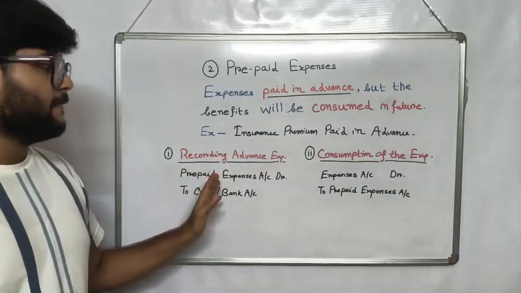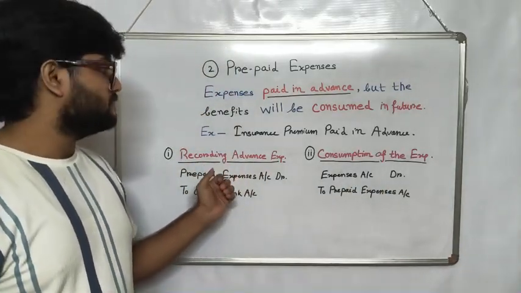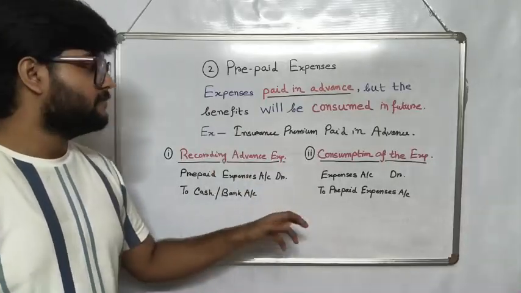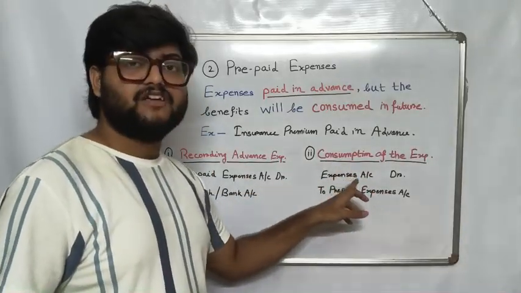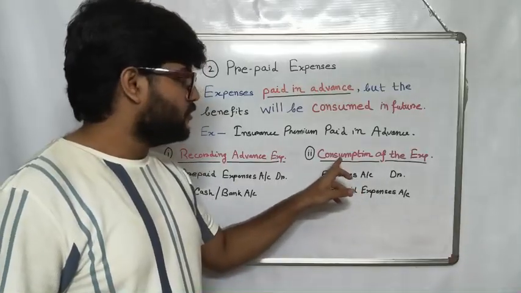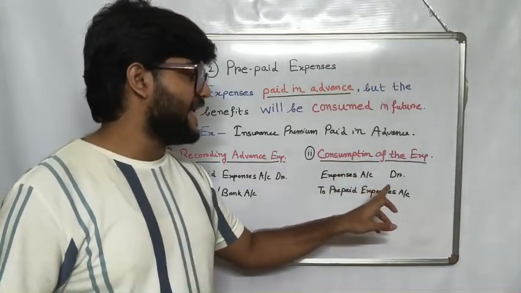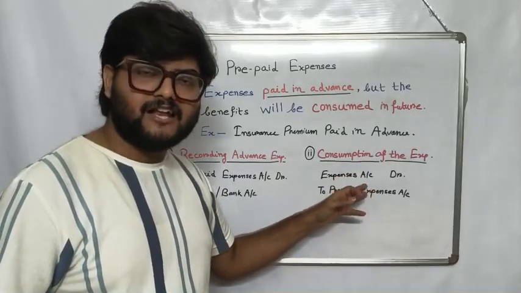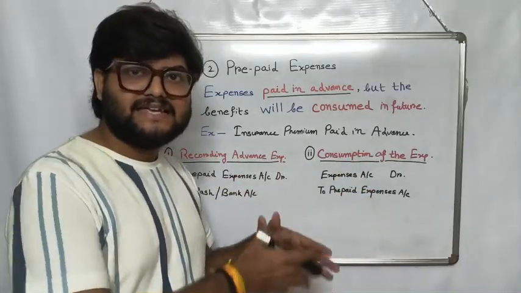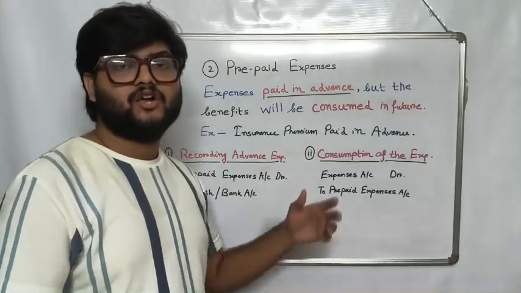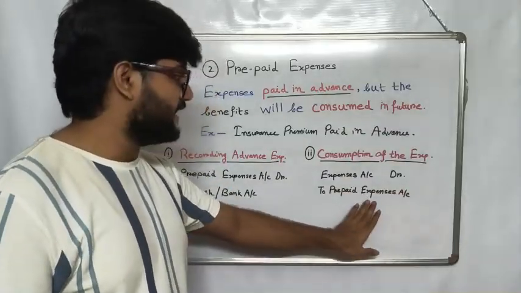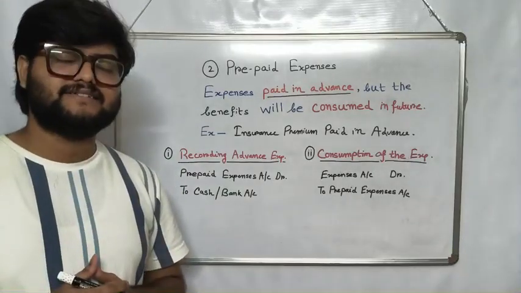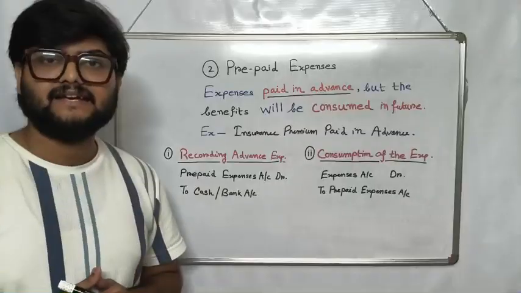Here you might have paid the expenditure for 2 or 3 years, but at the end of the financial period you only have to show that part of the expenditure from which the benefits have been sought in this financial year, not the next ones. Keep that in mind. Now we will take an actual real life example so we can understand it better.